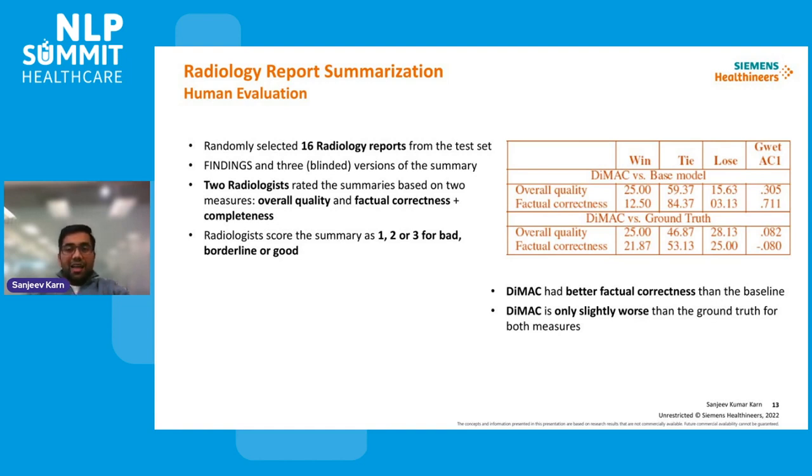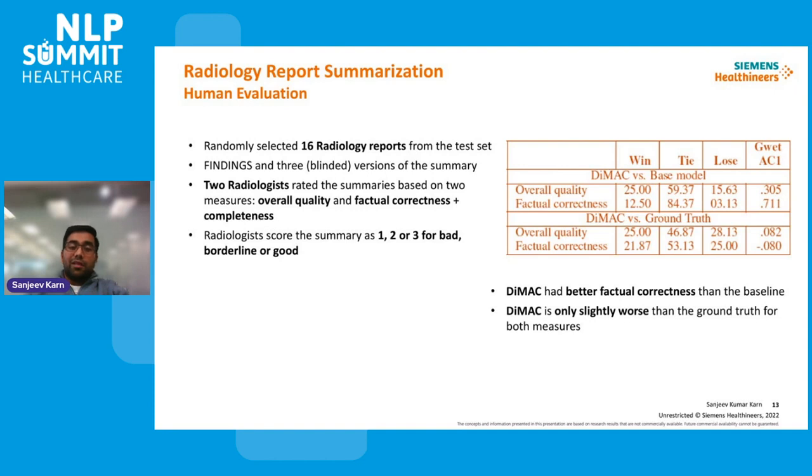So if there are any attributes like laterality or anatomy associated with some disease, whether those are correctly compiled or not would eventually lead to better factual correctness or completeness, and therefore they should rate those kinds of summaries higher.